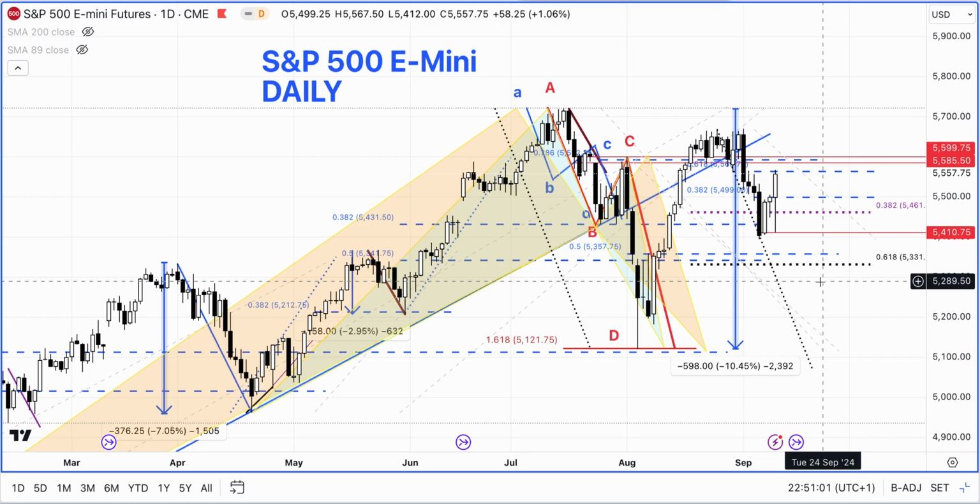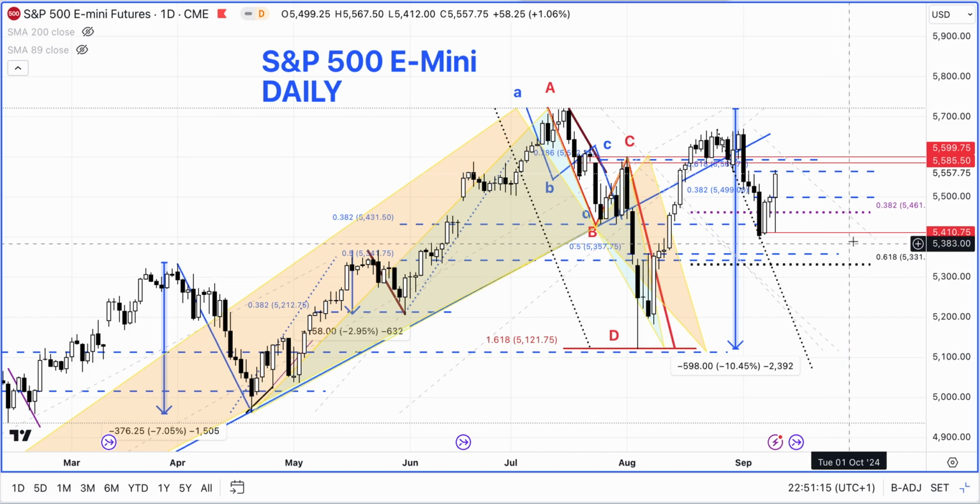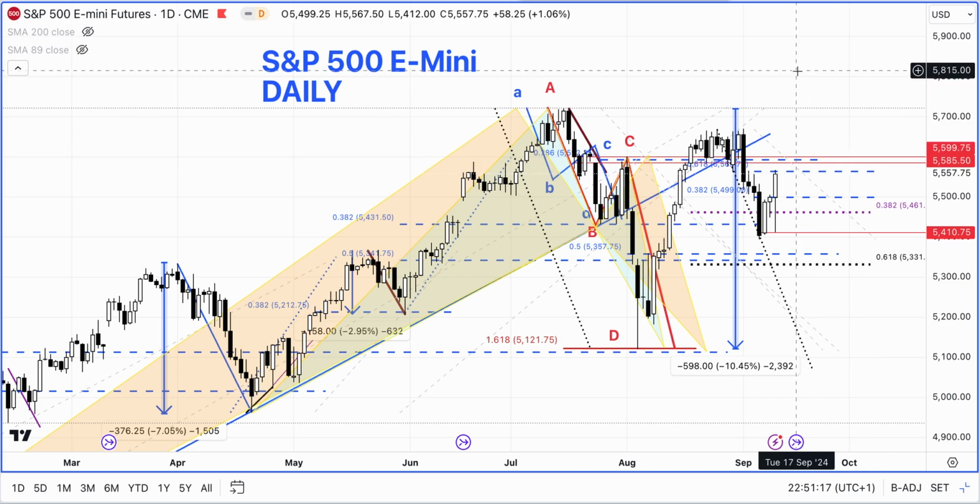Now, those markets also revert to the mean, but the frequency of that is a little bit different. And in my opinion, all asset classes at some point in time will revert to the mean. So the question is, what is the mean? So we will try to understand this in this video for S&P 500.